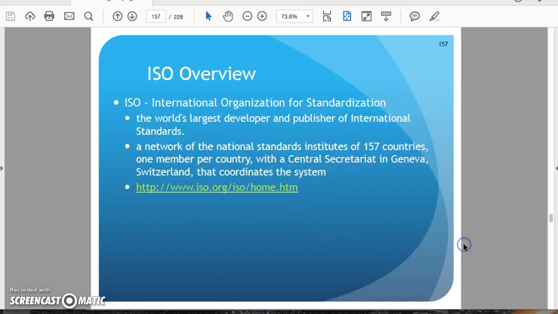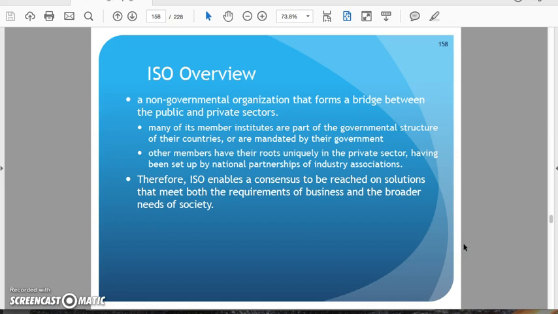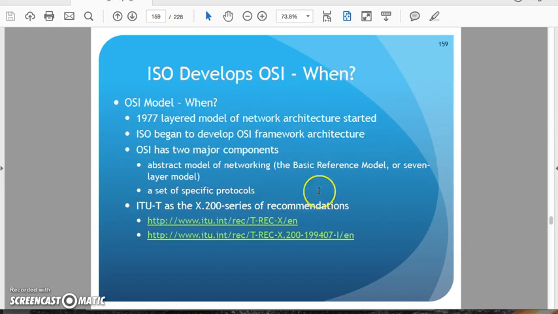All right, so ISO developed two things. They developed a layered model for network architecture, that's the OSI model, and they also developed a set of protocols. Well, I'm going to ruin the surprise. The model is still around and we still use it and talk about it, but the protocols are not, so to speak.